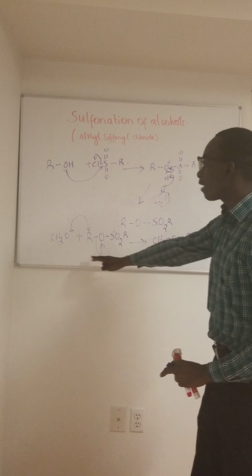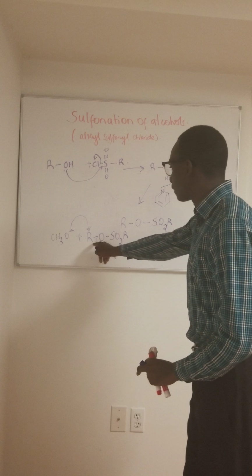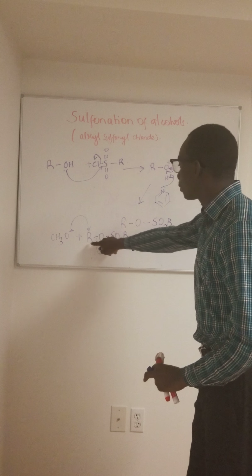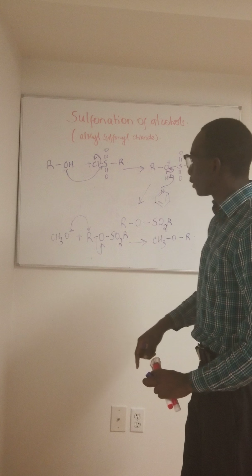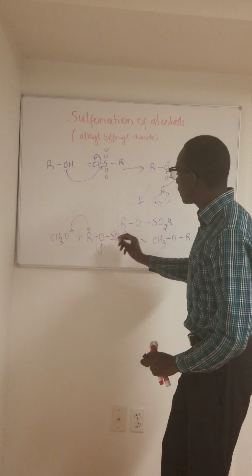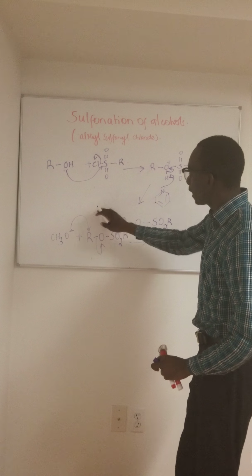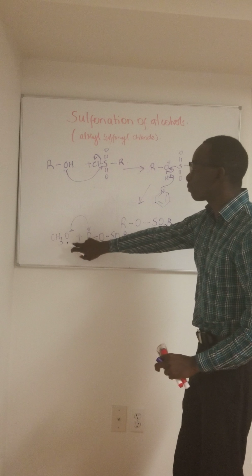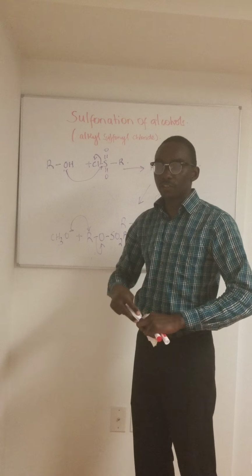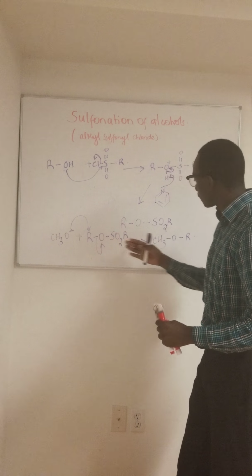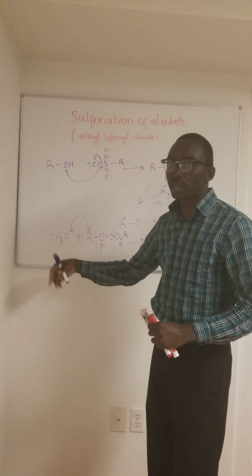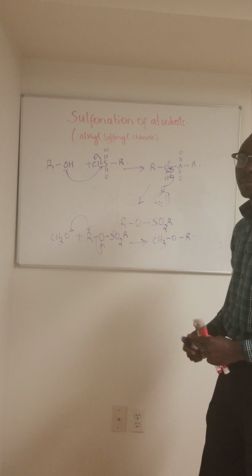You see how I have replaced this sulfonyl group with a CH3O group. So now I have made the OH group a better leaving group, and hence I've replaced it with another group that I can use when I'm making other compounds. For example, if I want to make an ether, this is how I make an ether.